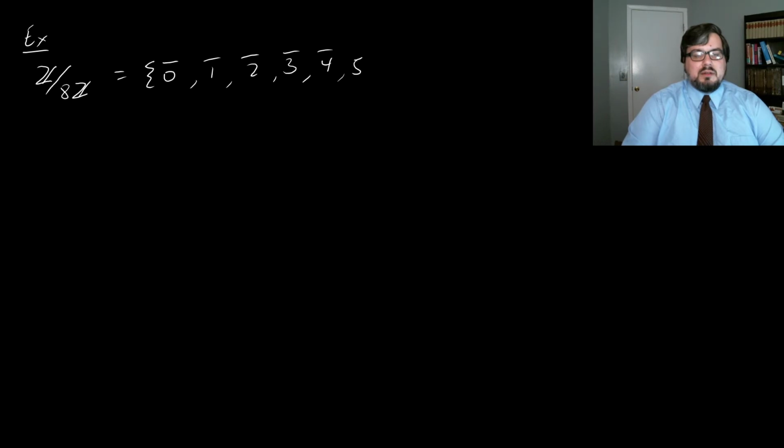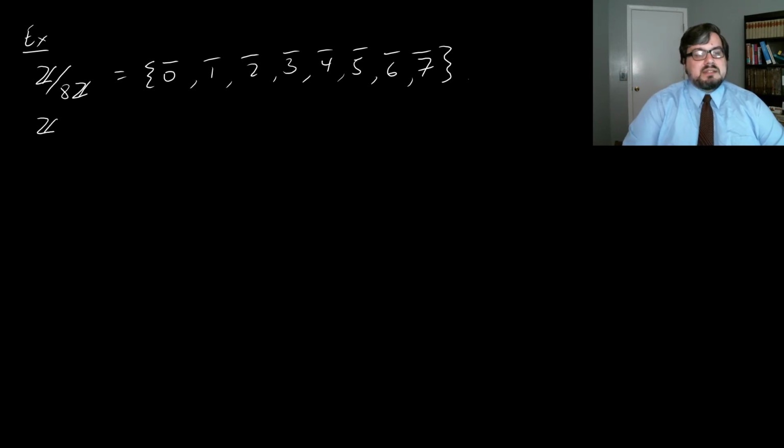So let's take an example. Let me look at Z mod 8Z, which is the set 0 bar, 1 bar, 2 bar, 3 bar, 4 bar, 5 bar, 6 bar, and 7 bar.